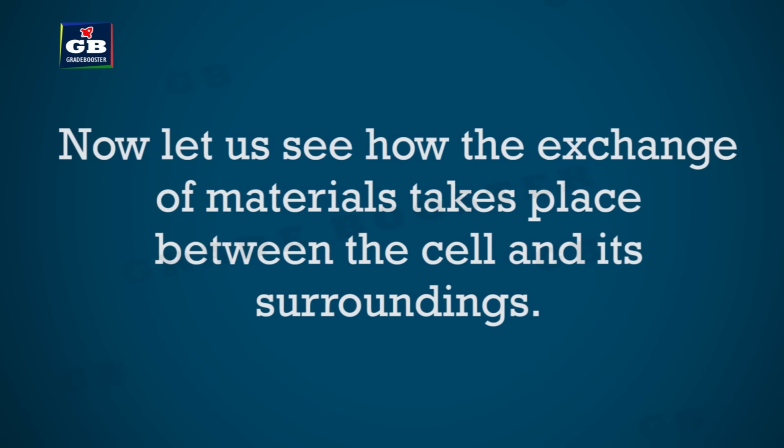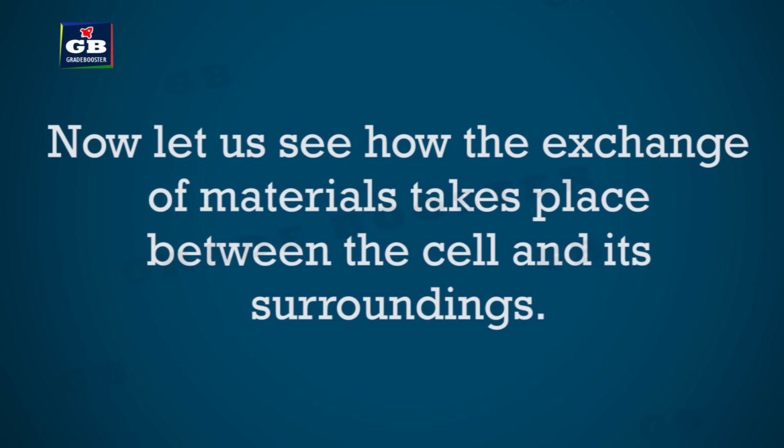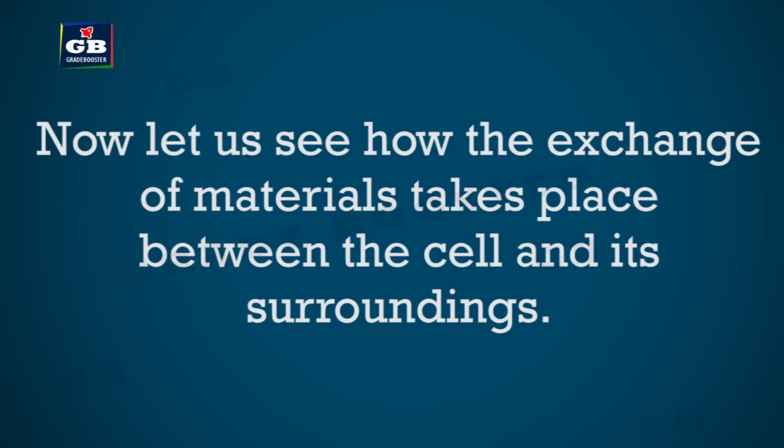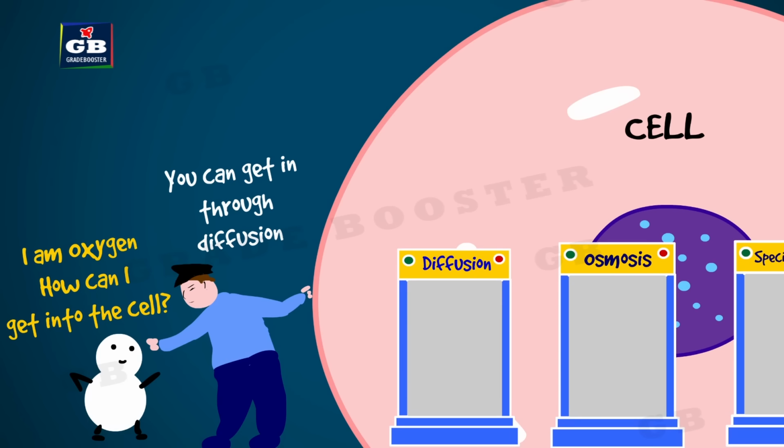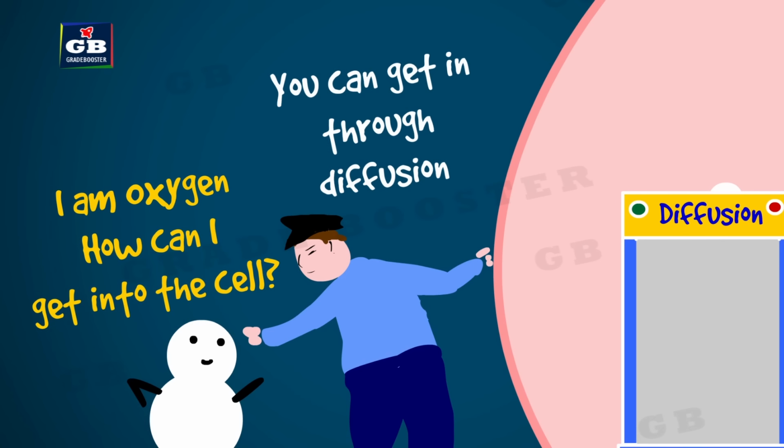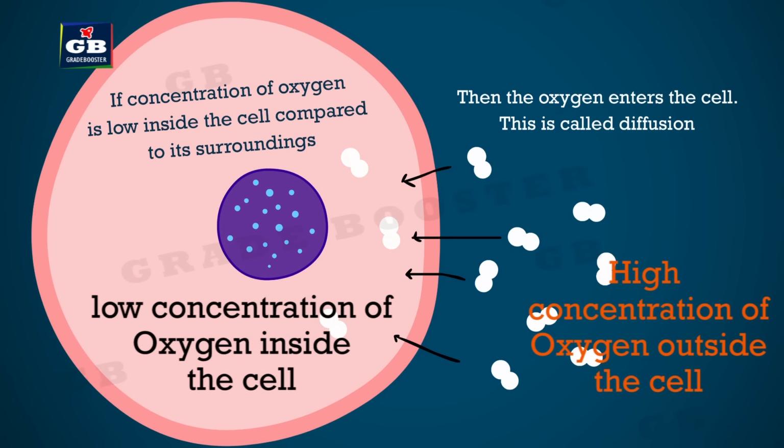Now, let us see the exchange of materials between cell and its surroundings. The exchange of gases takes place between the cell and its surroundings, and this happens by diffusion. Do you know what is diffusion? The movement of gas molecules from a high concentration area to low concentration area is called diffusion.